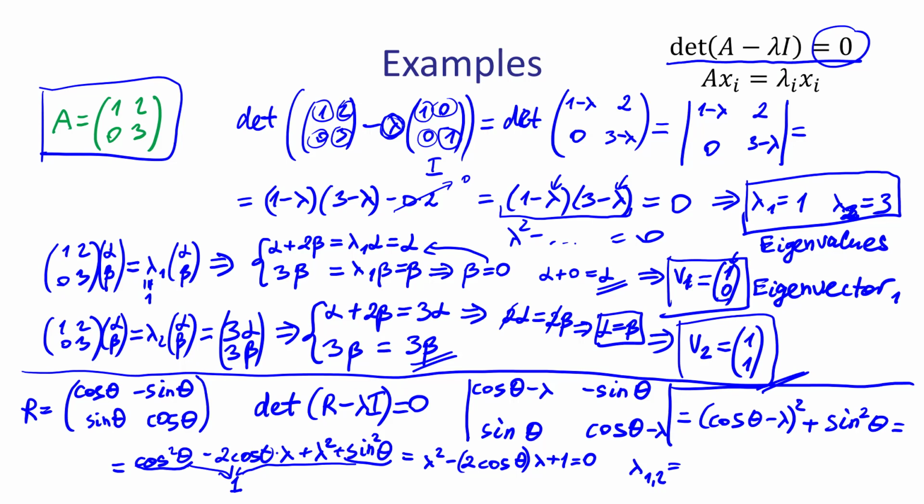So it will be minus that part, which is basically twice cosine theta, plus minus the square root of the determinant divided by 2a, which is 2.